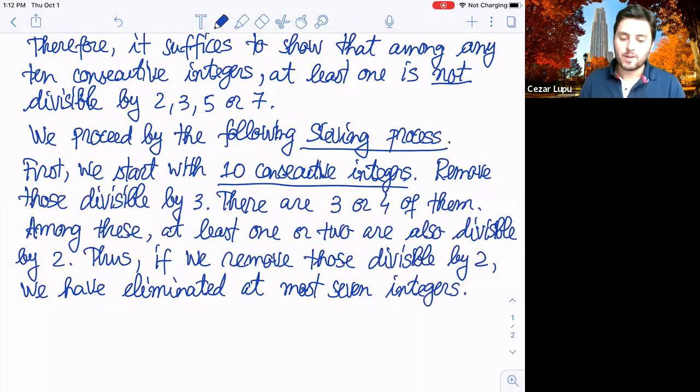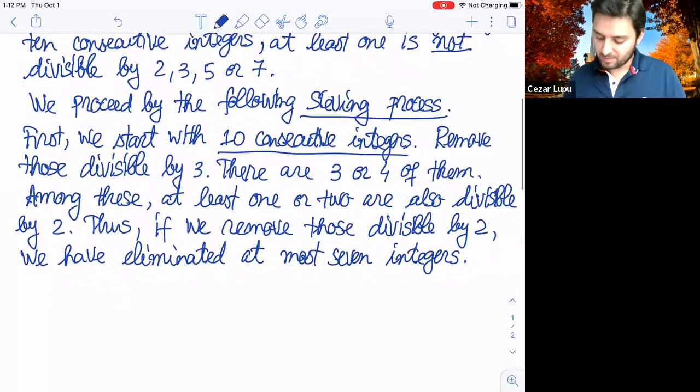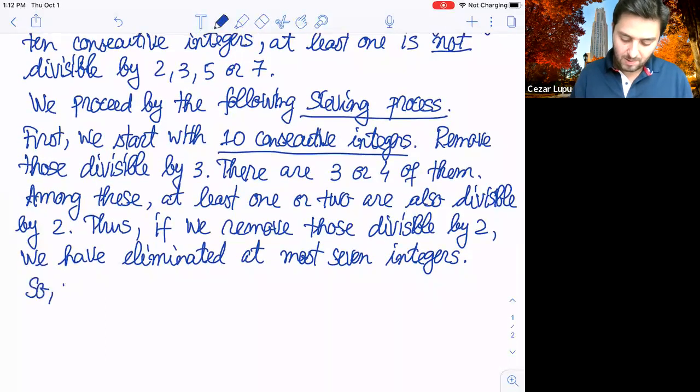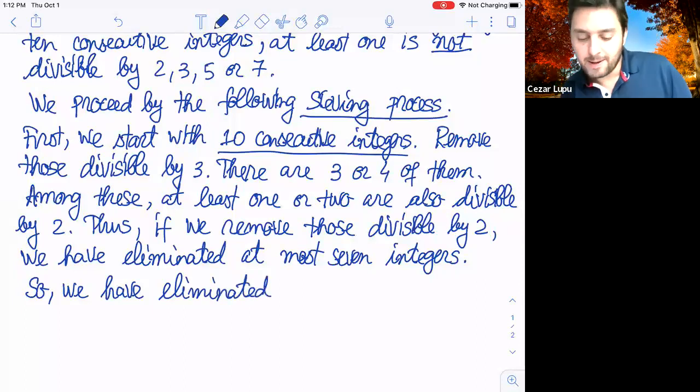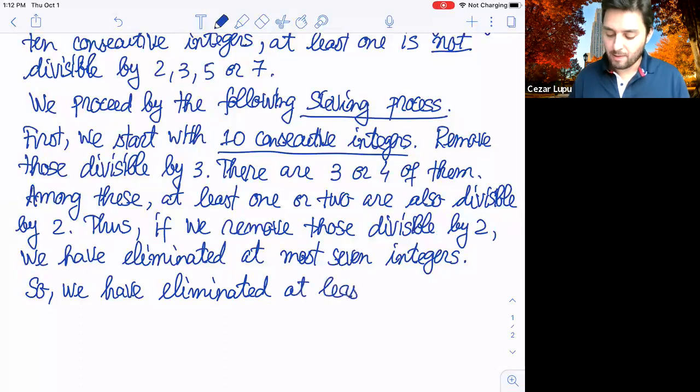So we have eliminated at least one number divisible by 5 in this way, at least one number divisible by 5.